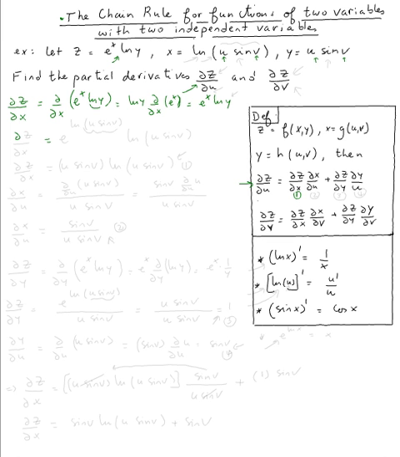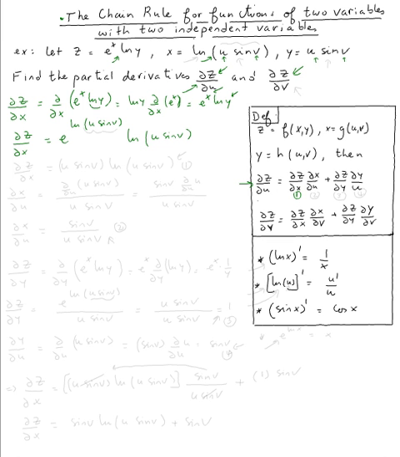Now I'm not done. To make this easy, plug in the x now, because we're going to need it twice: for calculating partial z with respect to u and partial z with respect to v. So this is equal to e to the x, where x happens to be ln of u sine v, and then ln of y, where y is u sine v.